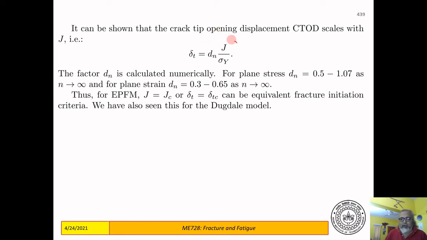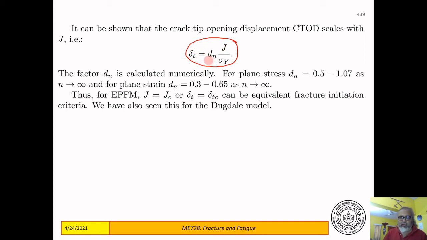So delta t varies linearly with J. So J is like your stress intensity factor for the plastic work hardening case. So as you increase J, delta t increases linearly. So J and delta t have a linear relationship.